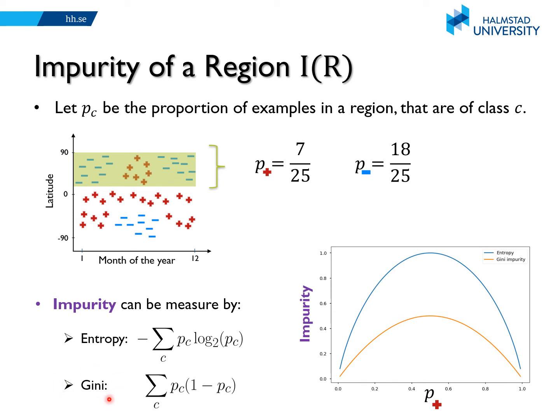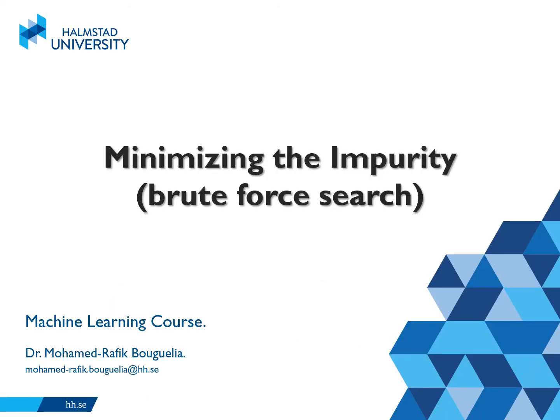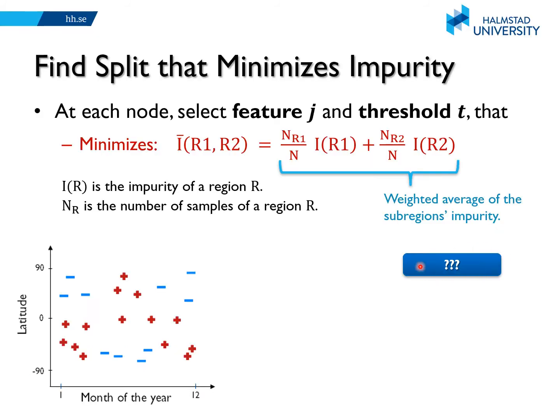Let's now see how to use the impurity in order to find the best split at a given node. So we are at a given node, meaning a given region R, and we want to split this region into two more regions, R1 and R2. So we want to find a split.